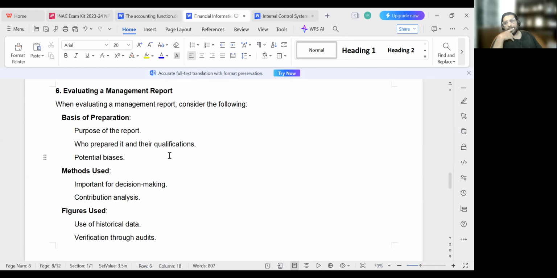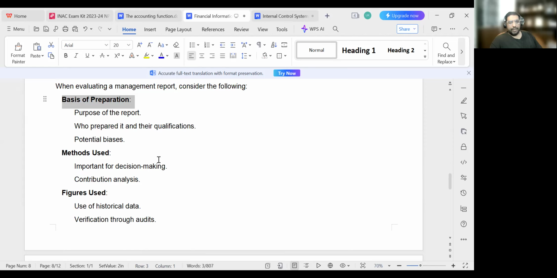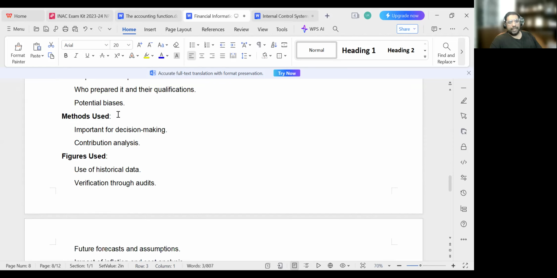So when there are no set patterns or standards, basis of preparation is more important. On what basis that report is made, what methods they have used, and what figures they have used.